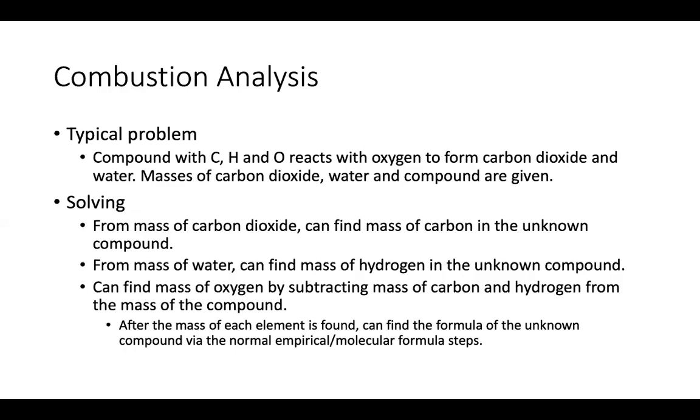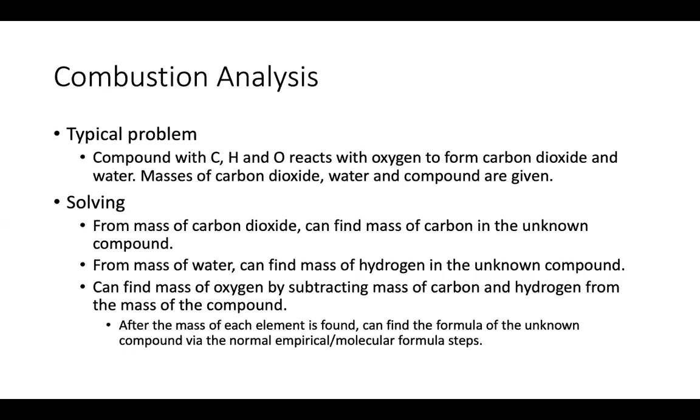When you look at the chemical equation, you'll notice that carbon is only in the balanced equation in 2 spots. It's in our unknown CHO compound, and it's in CO2, carbon dioxide. From knowing this, if you take the mass of CO2 that you produce, you can find the mass of carbon, which directly comes from the unknown compound.